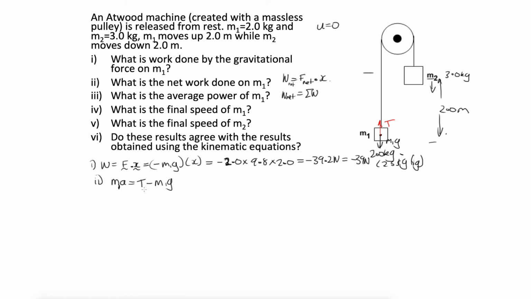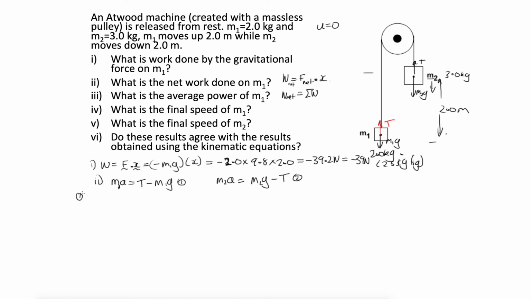So for mass 2, we've got the weight force, which is pulling it down, and we've got the tension force, which is pulling it up. These two tensions are the same force. So this is down, and we've got M2G down, and we've got the tension force, which is acting in the opposite direction. So then what we can do is solve these two simultaneously.